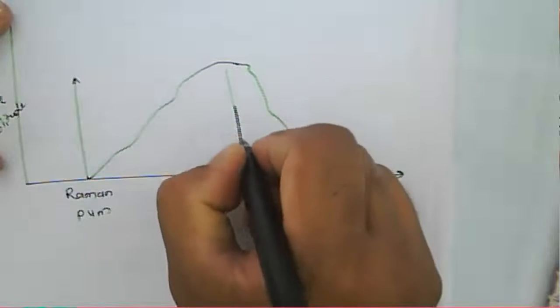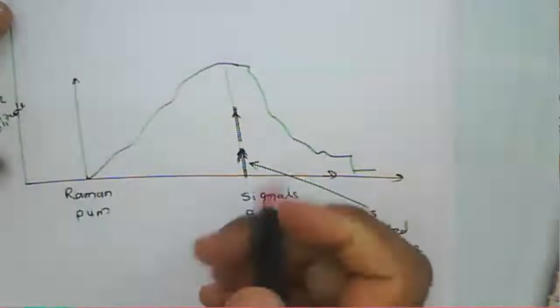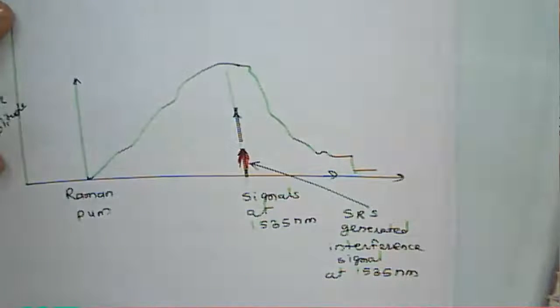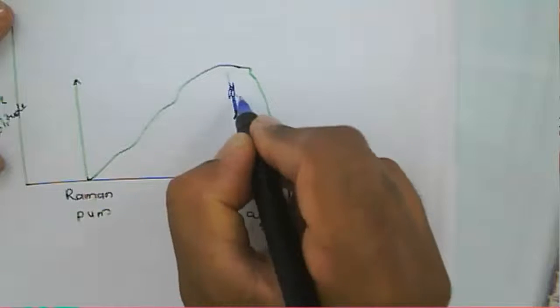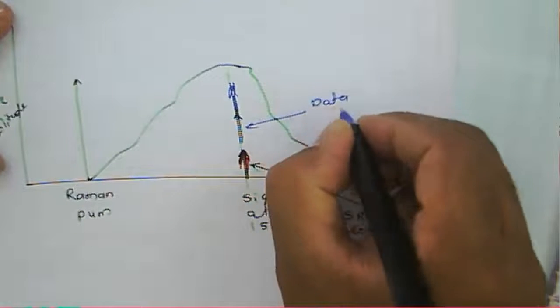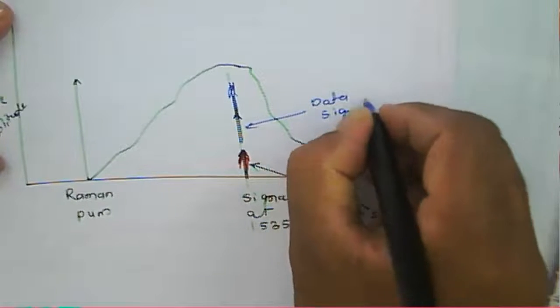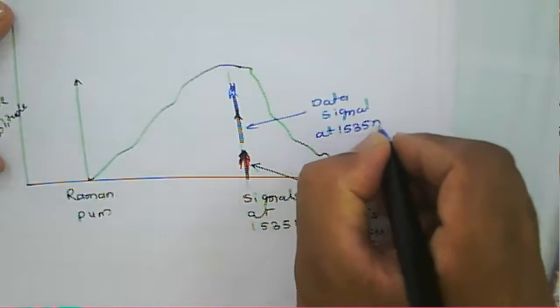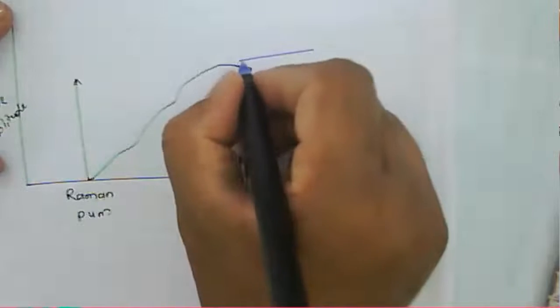And this is about SRS. Okay, so we can draw it in a different way here. This is a signal now. This is a data signal at 1535 nanometer.